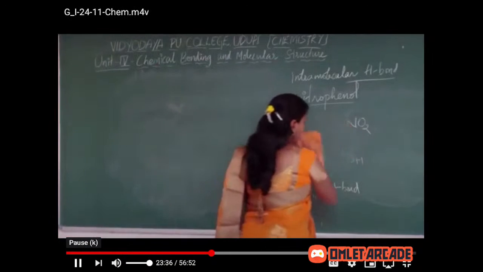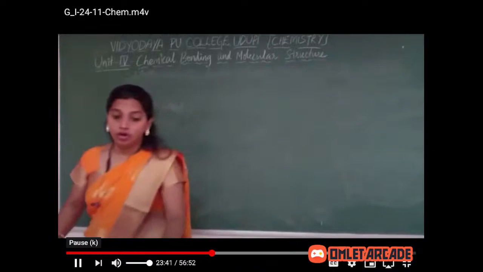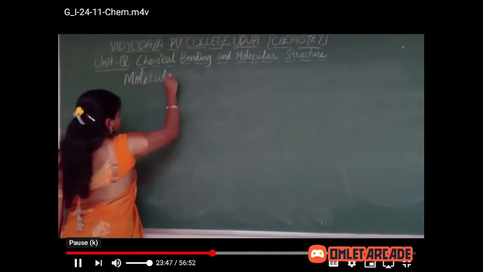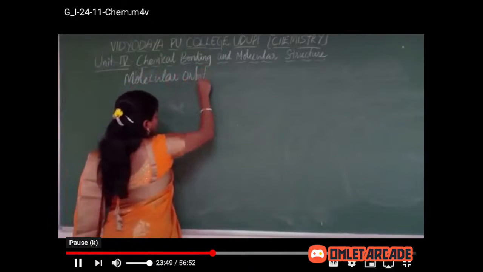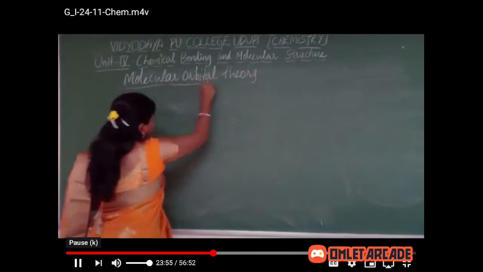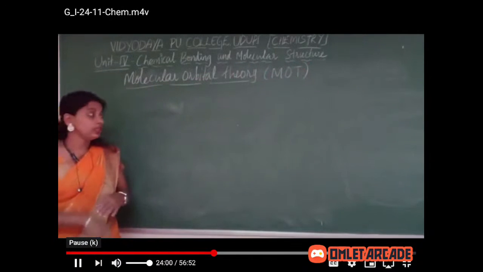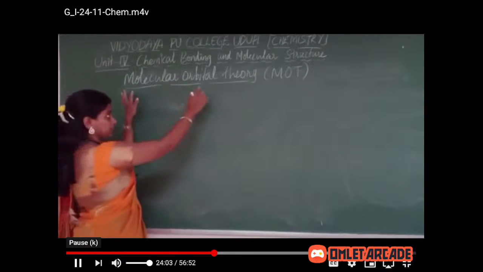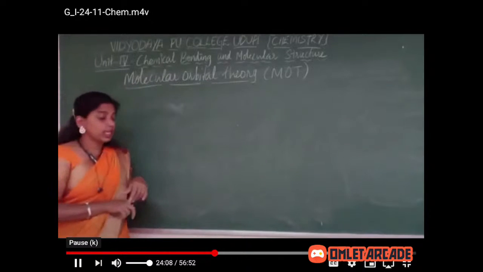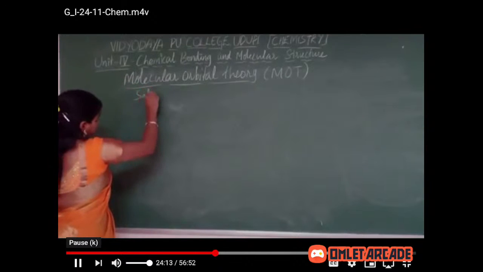It is molecular orbital theory, shortly called MOT. As in the name, molecular orbitals will be formed. There are 7 salient features.